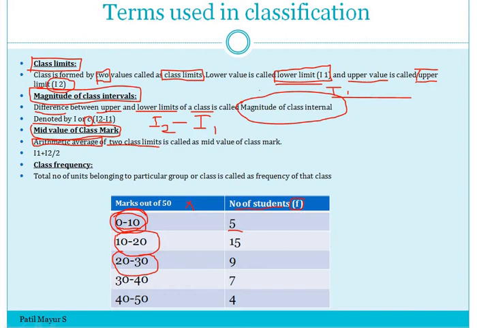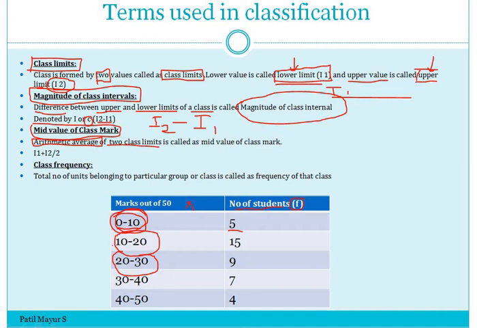We learned two class limits, lower limit and upper limit. If we take the average of these two limits, it becomes the mid value of the class mark.